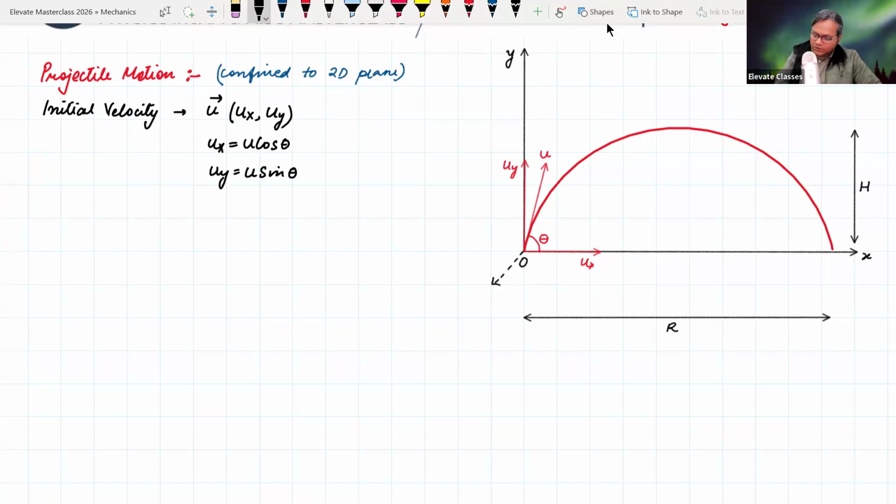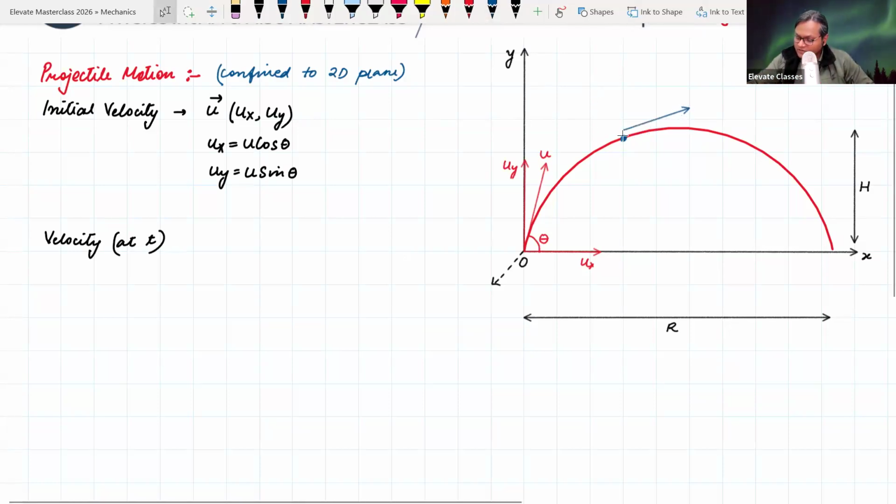Okay. Now the question is, this is the initial velocity. What is the velocity at a later time t? Velocity at time t. Let's suppose I try to look at the velocity at a later time t somewhere here. Okay, at this particular point. So if I want to find out the velocity at a later time t, then the velocity at a later time will be something like this, right?